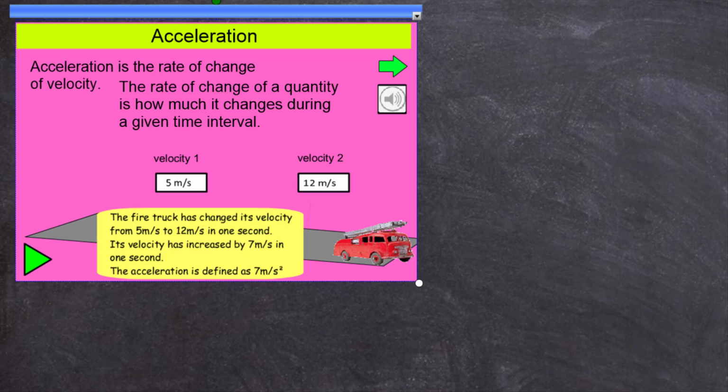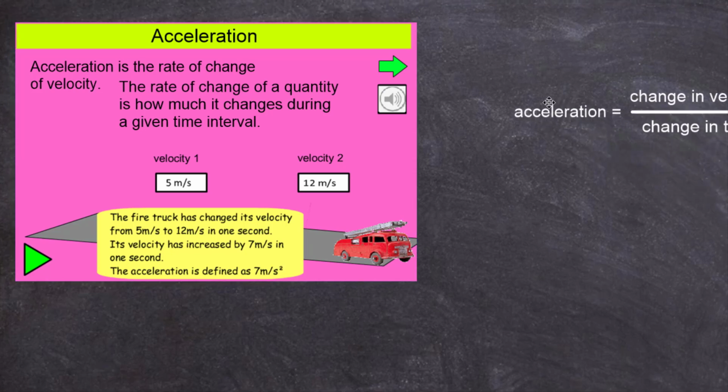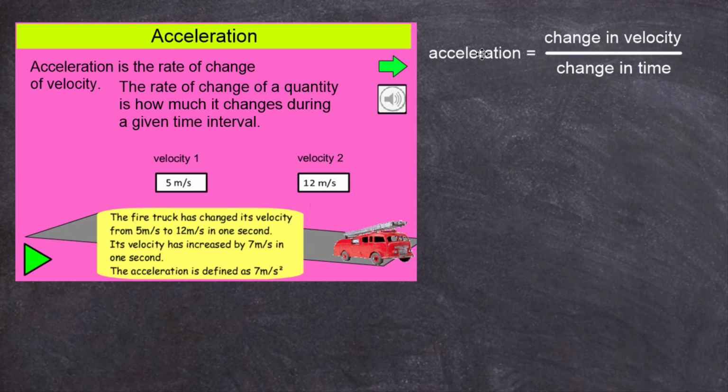Now we can write down a word equation for acceleration. Acceleration is defined as the change in velocity over the change in time. Now we also can write down a symbol equation for that using the following symbols.